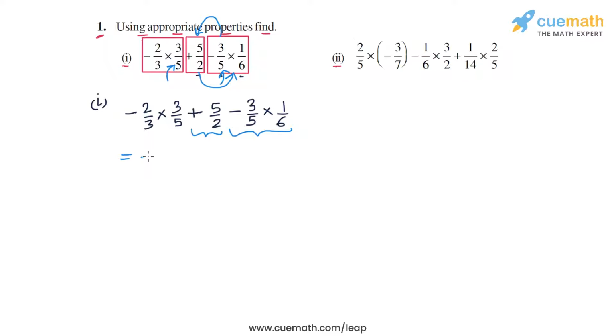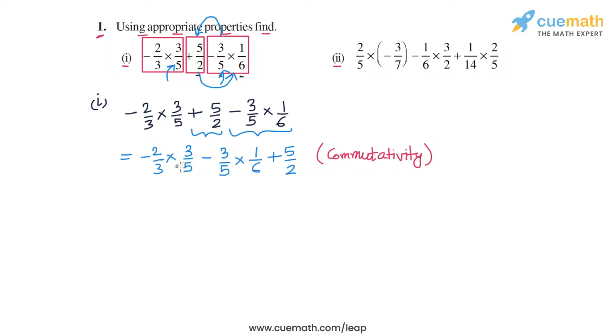We will get minus 2 by 3 into 3 by 5, then the third term minus 3 by 5 into 1 by 6, and then plus 5 by 2. And why can we do this? Because addition is commutative. So because of commutativity of addition, we can do this.